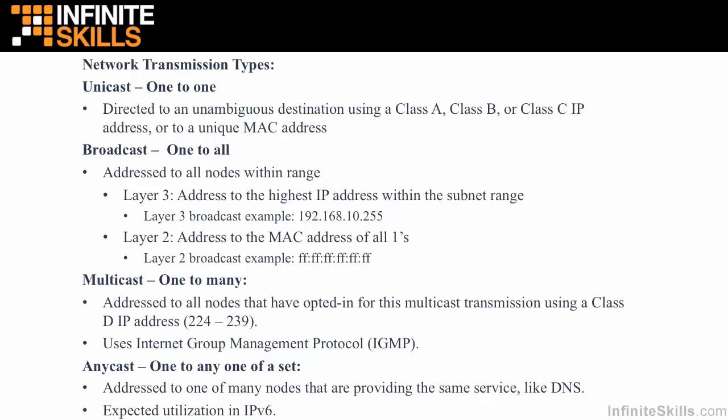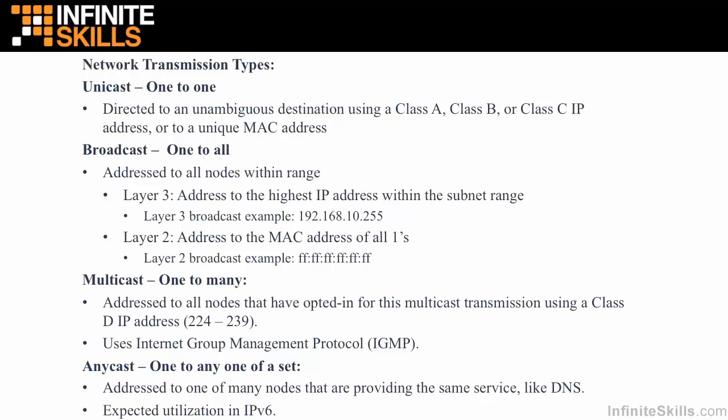What those nodes would do is every node that hears that broadcast looks at their IP address, checks to see if they're at 192.168.10.something, and if they are, they say, oh, this broadcast is for me, and they process this up the stack to layer 4. They still may discard it at the higher layers, but at layer 3, the expectation is that they will process this packet and hand it up to the higher layers.